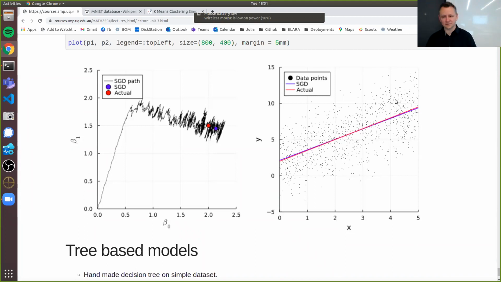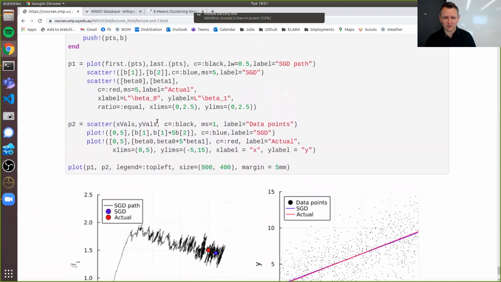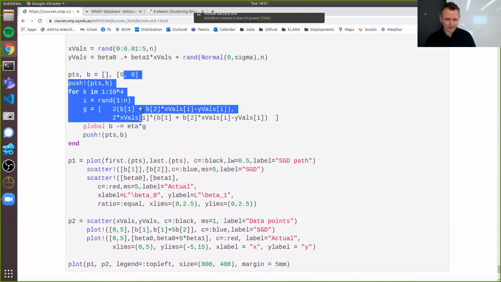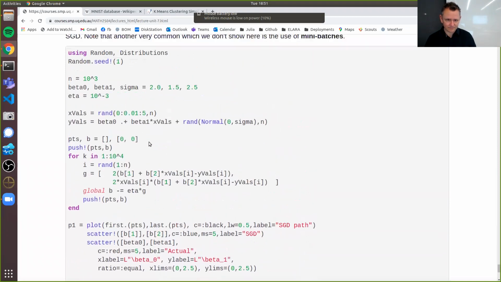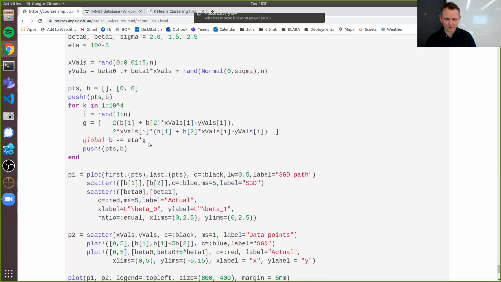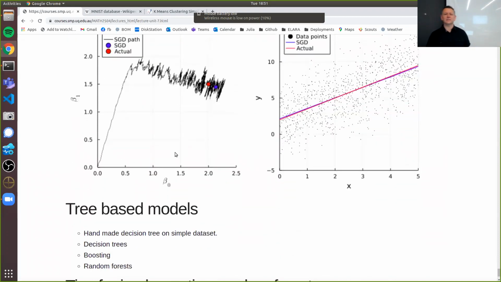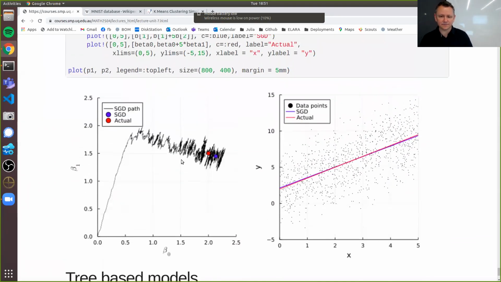So it's a linear function. Here's the actual exact solution, and the solution that the gradient descent minimizer found are pretty much the same. But yeah, optimization itself is a really fascinating topic. We won't really be going into that in detail here.